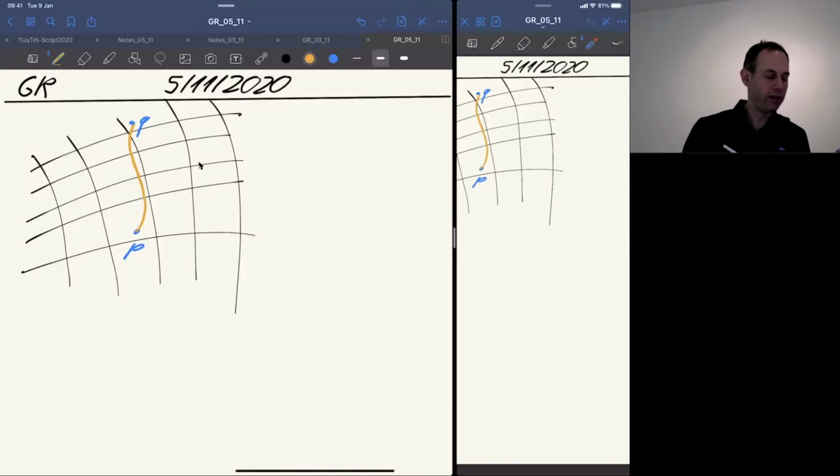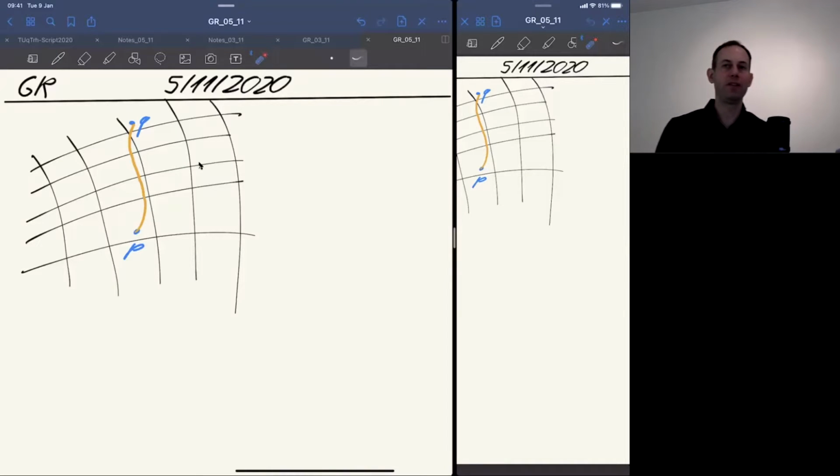I said we do it using clocks. So in this particular example that I've drawn here, we would take a clock at this event and start it. So this is the event where I press a button on the clock, and then I can move around with the clock. And of course, as I move around in space, I also move around in a way in time. So at some point I press the button of the clock again, and that's another event, certainly at a different point in space-time.